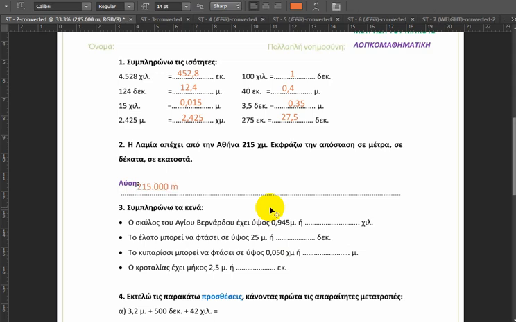Meters. Next up, to decimeters, that's 4 steps down, so times 10,000 would give me 2,150,000 what? Decimeters. Then 5 steps down, I would have 21,500,000 what? Centimeters.